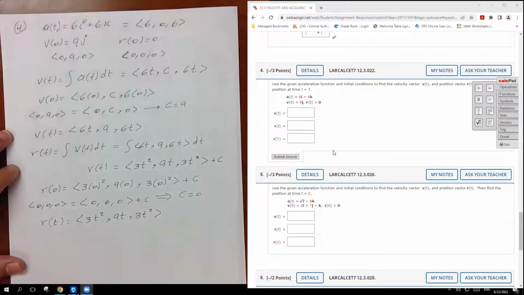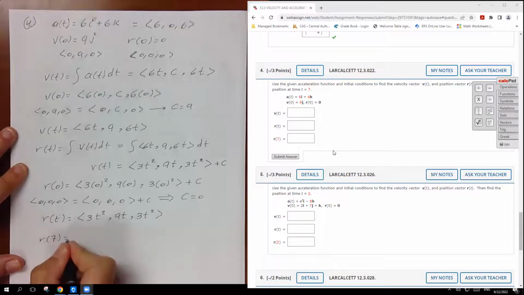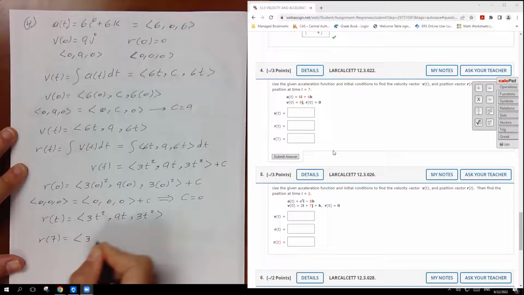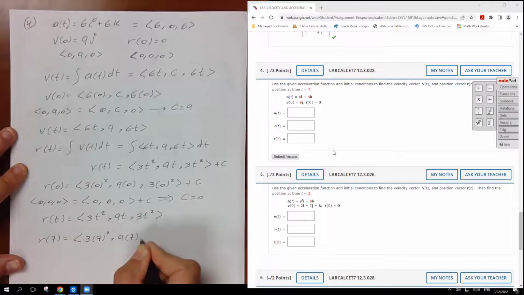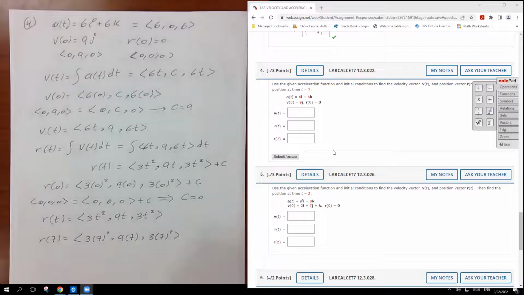The last thing they ask you is to find r with t equal 7. That means it's going to be 3 times 7 squared and 9 times 7 and 3 times 7 squared. That means it's going to be 3 times 49. 3 times 49 is going to be 147.